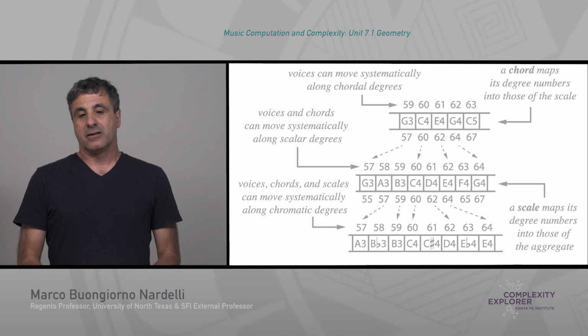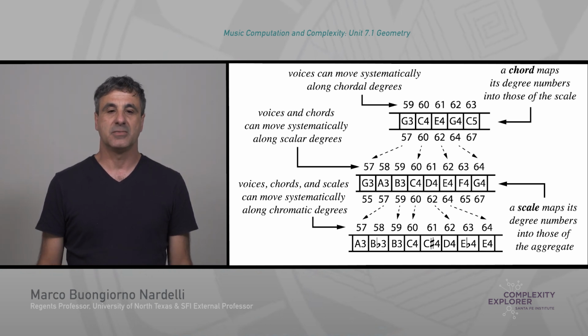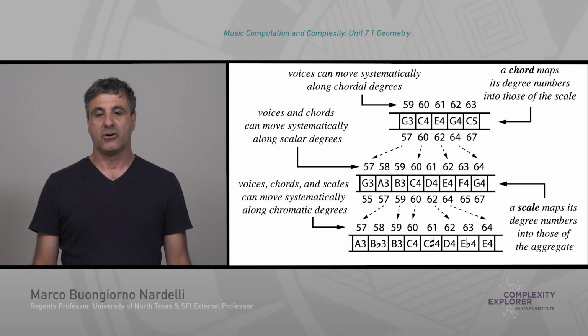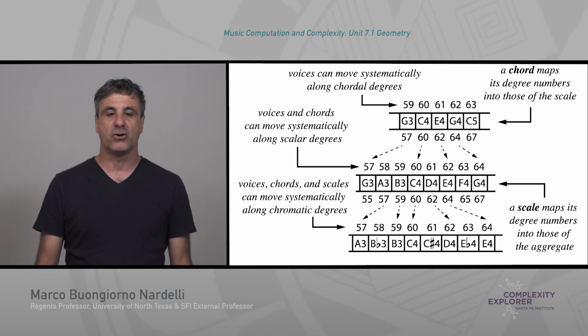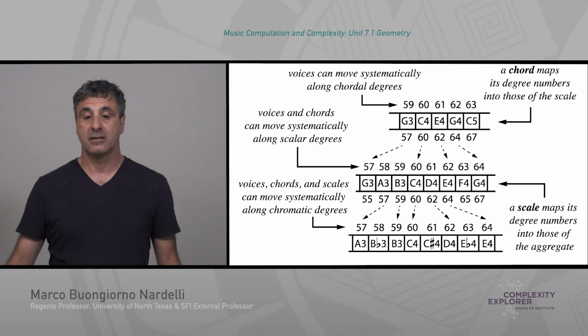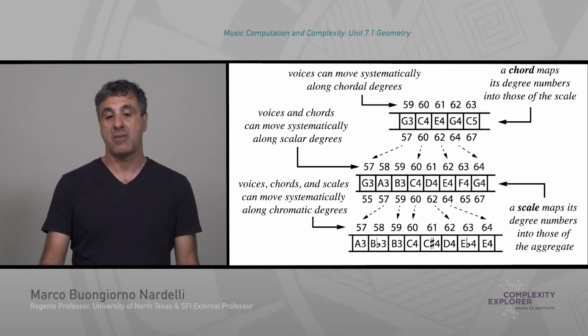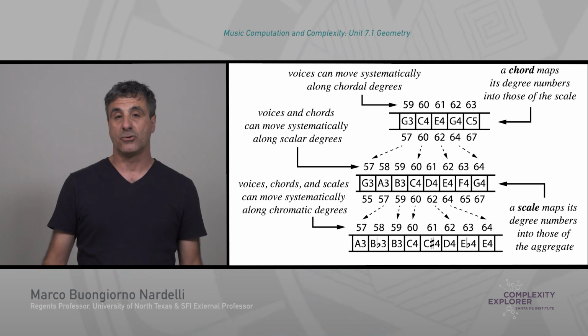Now, this can be represented graphically with this kind of diagram, where we move from chordal degrees at the top of this figure and map them onto an intrinsic scale, and then we map the scale onto an actual, external scale, and eventually onto the full collection of all the possible pitches.